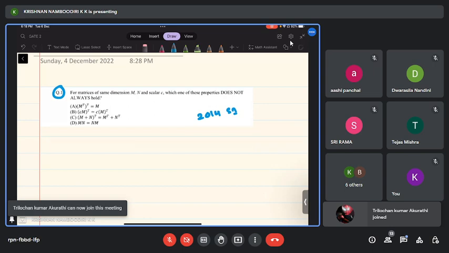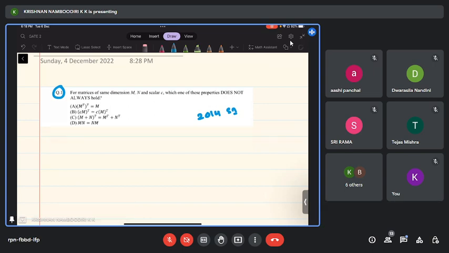I will read the question. For matrices of same dimension m and n and scalar c, which one of these properties does not always hold? There are 4 properties given. If some of you know the answer, you can simply tell it, because there is nothing to solve in this.